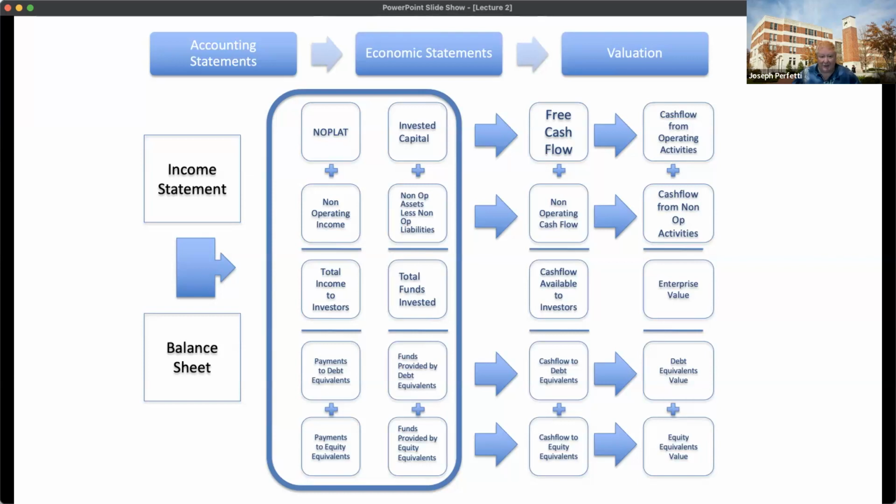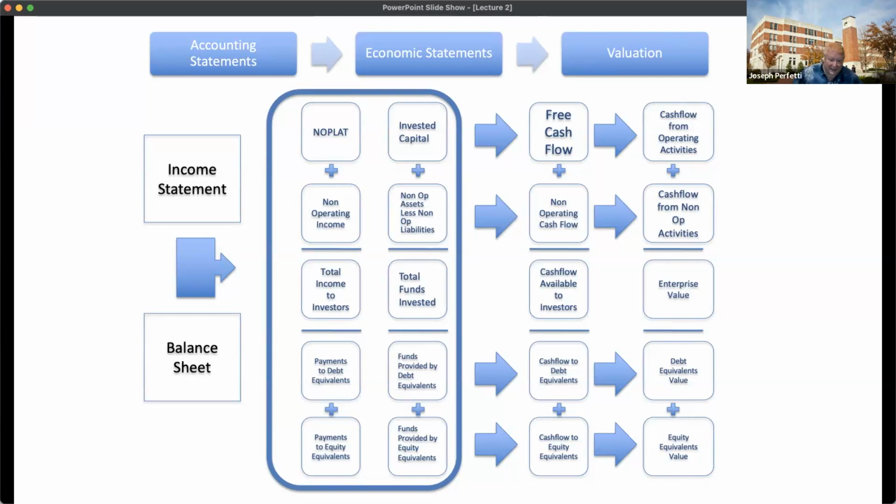We rearrange those statements into those 4 Modigliani-Miller buckets, with terminology unique to McKinsey: the operating income statement gets you what's called NOPLAT, and the non-operating income will be looked at separately.